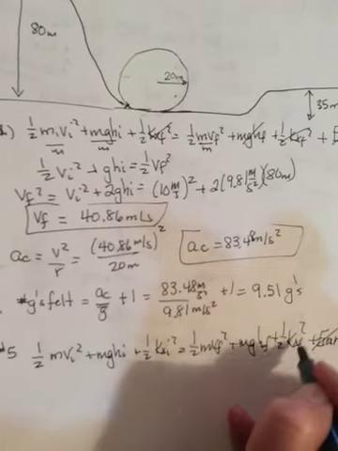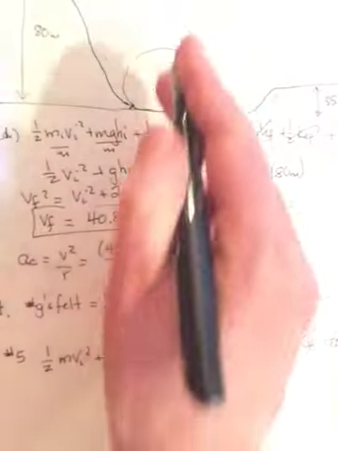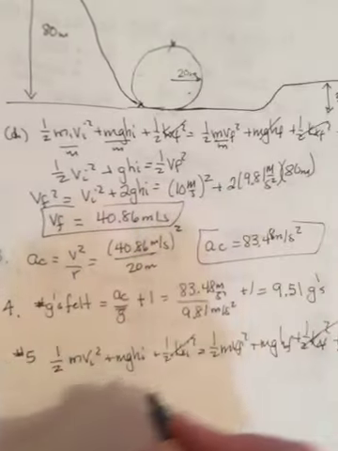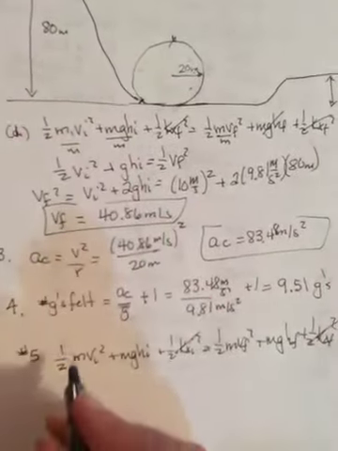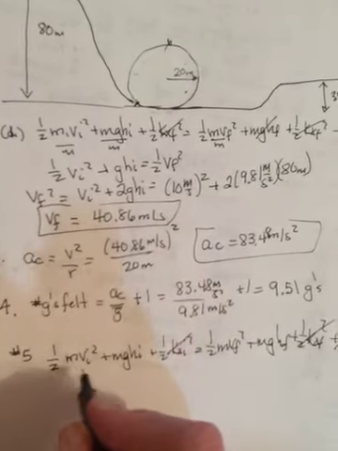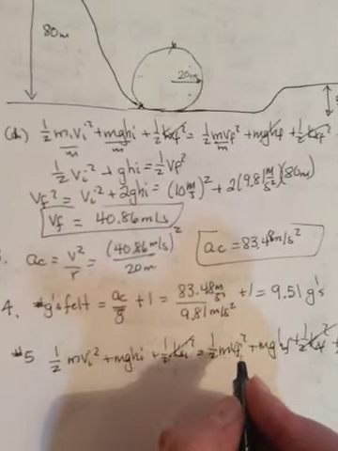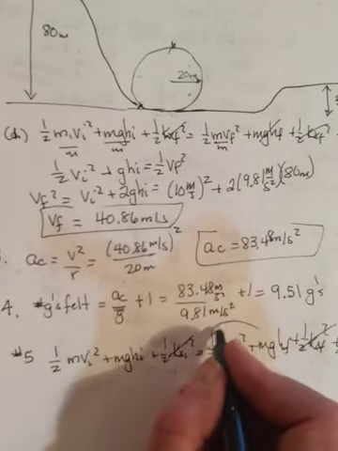Again, no E lost, no spring. Up here at the top, my final, it's going to have both a height and a speed. And if we pick our beginning as the initial again, both a height and a speed. So again, the m's will cancel. We're looking for v final, so I'd bring this term over.